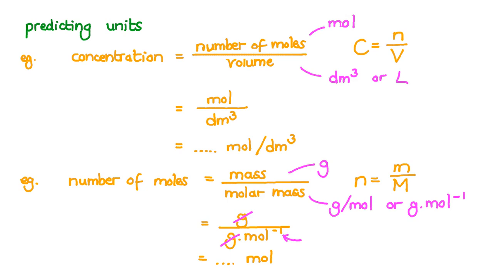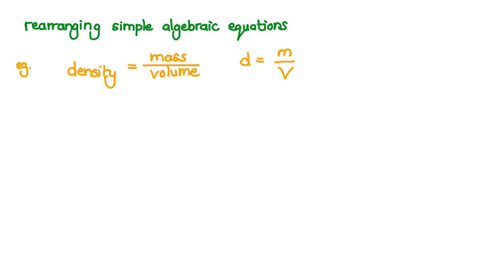Let's now turn our attention to rearranging simple algebraic equations. Sometimes we are given an equation and we need to rearrange it to solve for one of the variables. Using this example, density equals mass over volume, or D equals M over V, what if we want to solve for mass? The aim is to get mass all by itself on one side of the equal sign, which means on the right-hand side of this equation, we need to get rid of V, volume.